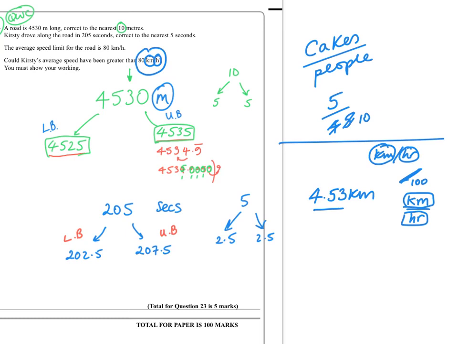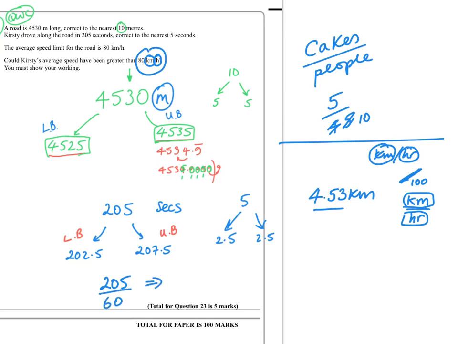And then in terms of the actual raw time here, we've got 205 seconds. And if we want to make that into an hour, well, how do we make that into an hour? This is reasonably difficult now because we want to change seconds into hours. So if we say 205 divided by 60, that'll be how many minutes?